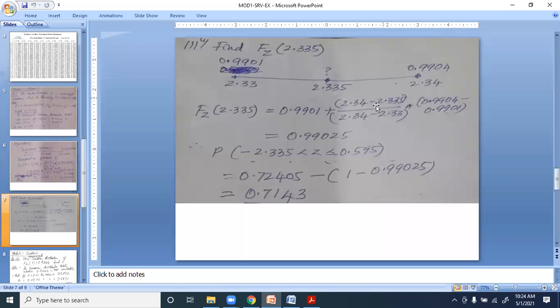So we can write 2.335 minus 2.33, that is better, and once you substitute that, we'll get this value over here, 0.99025, right?